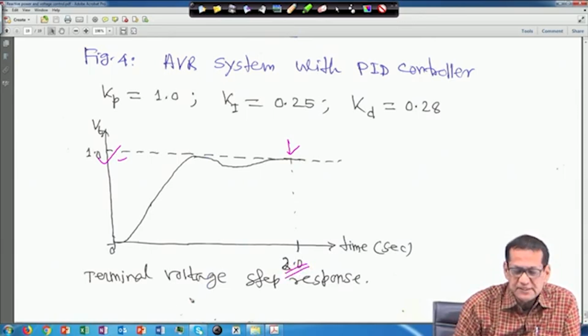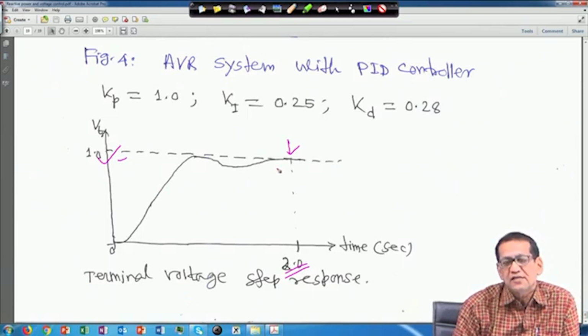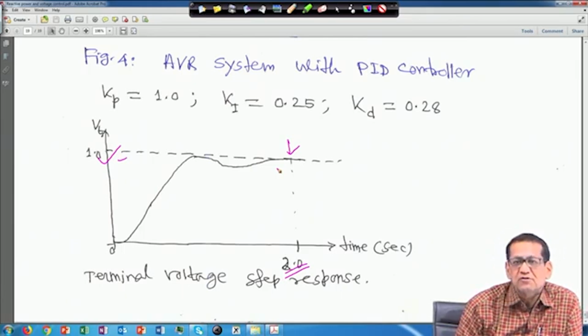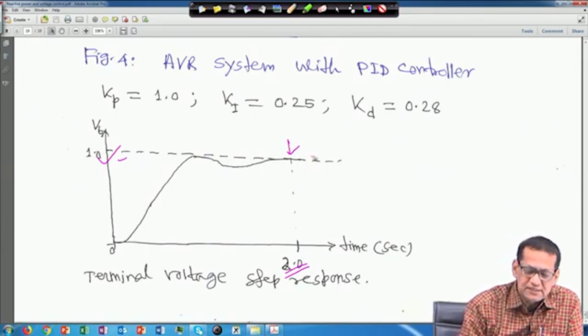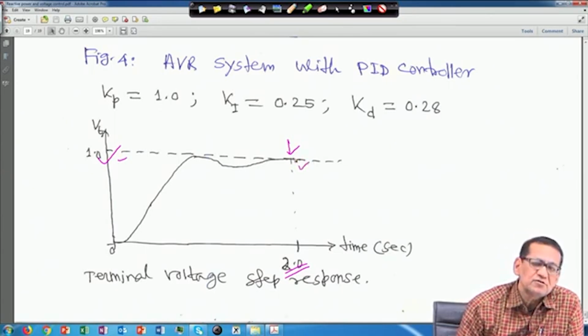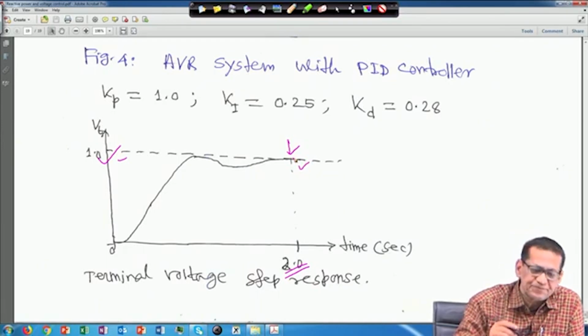This is the terminal voltage step response. There is no figure number for this one, but there is no overshoot here. Because of the derivative action, oscillations have been wiped out, there is no overshoot, and it settles somewhere nearly 2 seconds. So, when you put a PID controller, you can see that your settling time is very less.